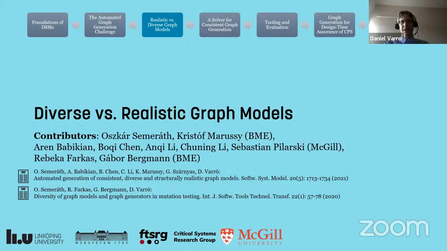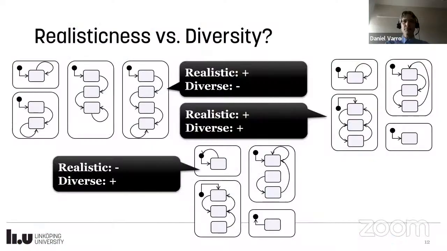So is there any difference between diverse and realistic graph models? One of the messages that I would like to convey here is that, yes, diversity and the realistic nature of domain-specific graph models can be actually very different.